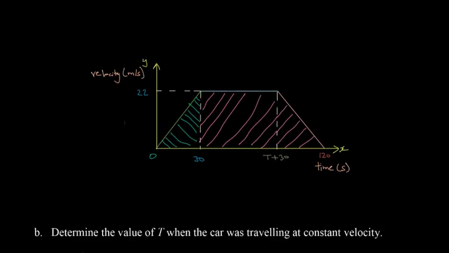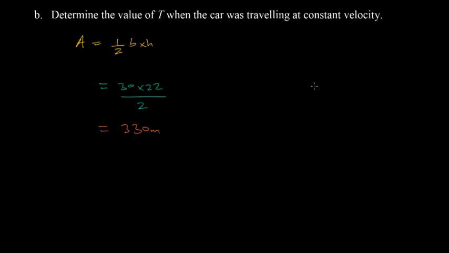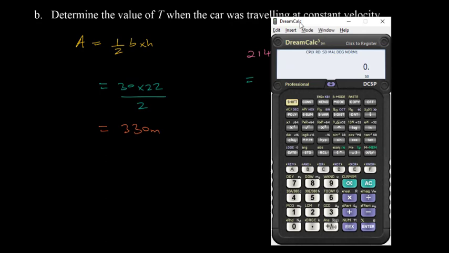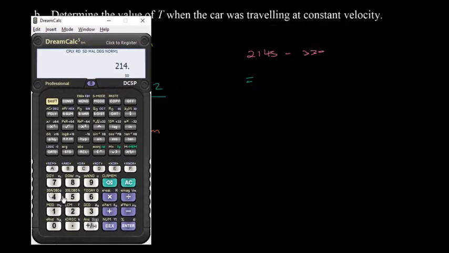So that would be 2,145 minus 330, which gives us 1,815 meters.